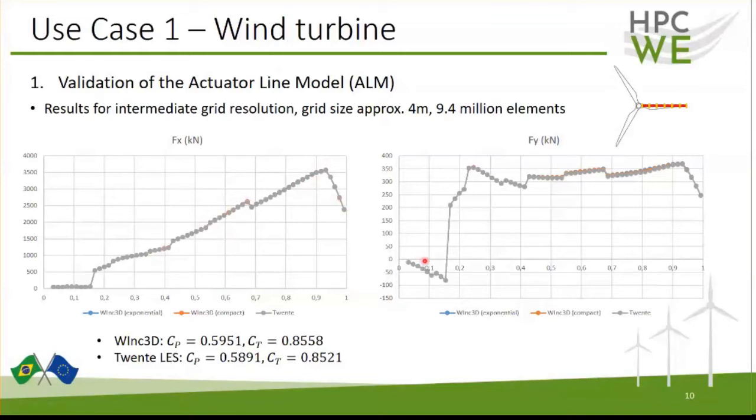We have a very good comparison between Wink3D using the exponential function, the normal Gaussian, Wink3D using the compact version that was developed by colleagues from the U20 project, and also the U20LES solver. CP and CT also have a very good approximation between the two codes.